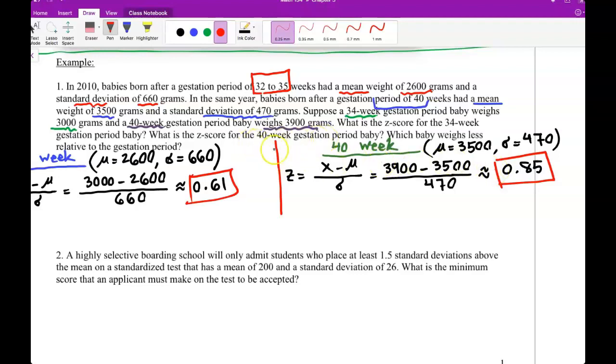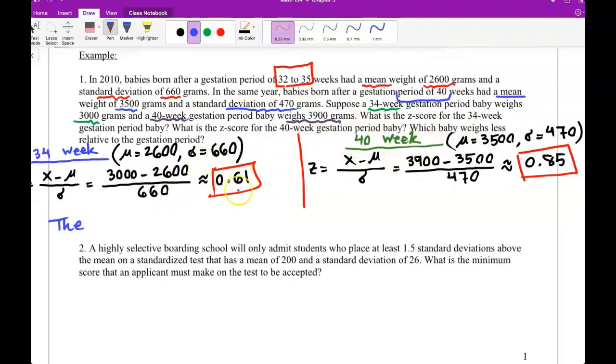So we answered the first and second parts. For which baby weighs less, we compare these two z-scores.